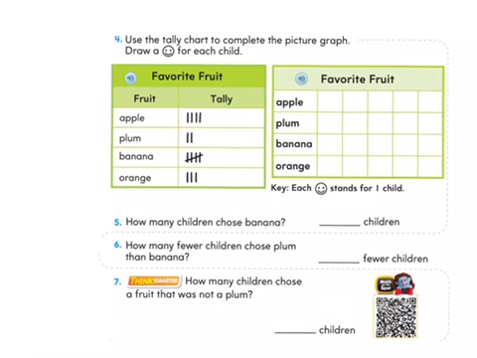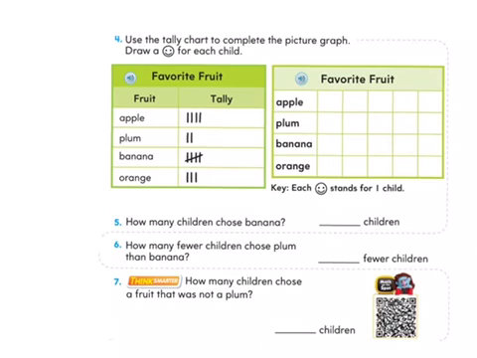We're going to make one more picture graph and then we're going to be all done with this lesson. So this last picture graph is showing us favorite fruits among the children. We have apple, plum, banana, and orange. Again, we're going to take this information and move it over to the picture graph.